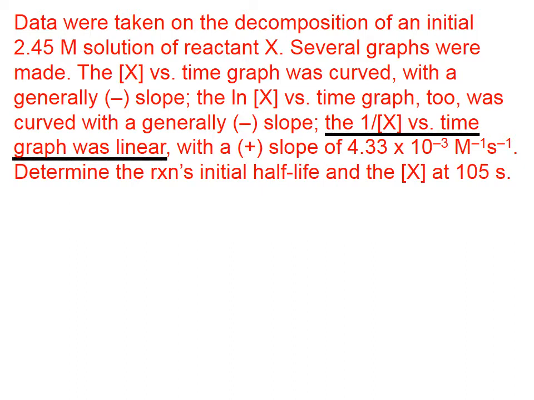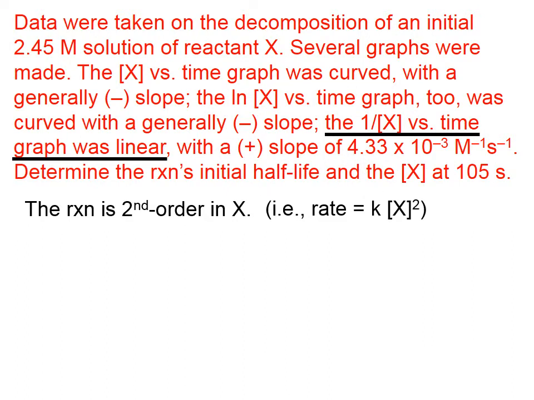If we look through all of that information, what jumps out to us is this here. The graph that is linear tells us what we want to know, and that is that this reaction is second order in X, because for second-order reactions, when you plot 1 over the reactant concentration versus time, you'll get a linear graph with a positive slope.